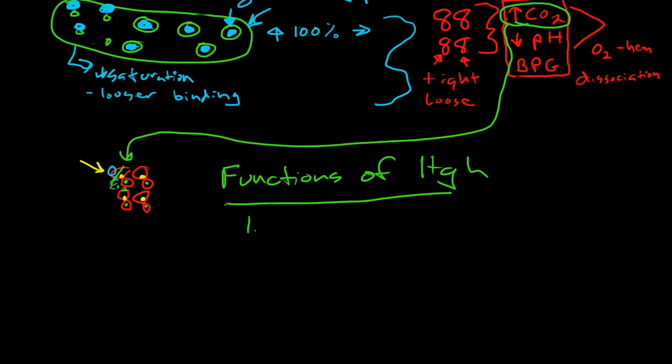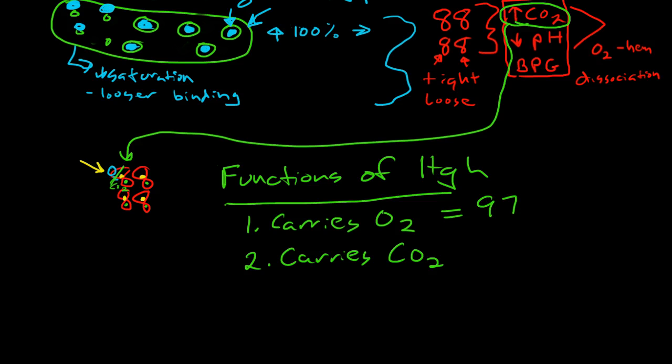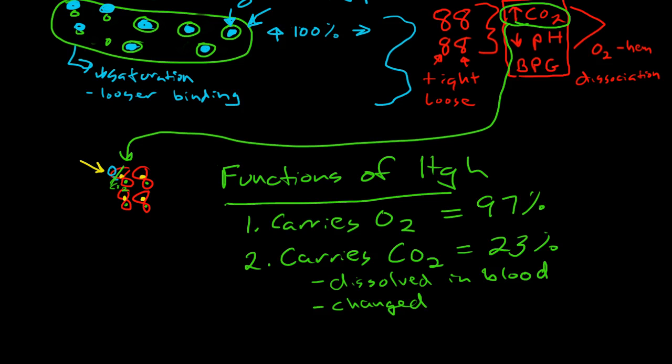Well, we talked about carries oxygen, and now we just talked about how it can carry CO2. Now remember, it carries 97% of oxygen, but it only carries 23% of CO2. The rest of the CO2 is carried dissolved in blood, and even more significantly, by being changed to carbonic acid.